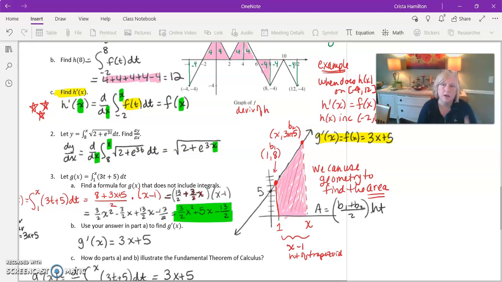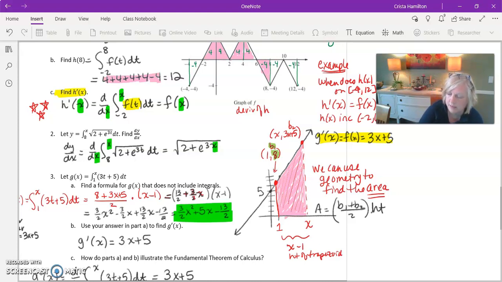So in using that to help me come up with my formula, you've realized that base 1 is going to be your, let's do green here. So base 1 is going to be this 8 because that's the starting value. We're starting the area at 1. And so our height right there is going to be 8.